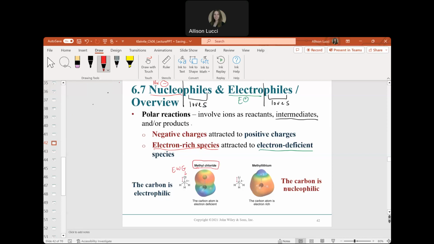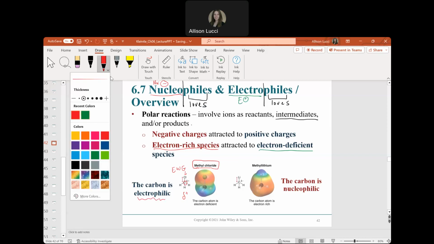Because of that, the electron density is shifted towards the chlorine, and that results in a partial positive charge, a delta plus on this carbon atom here. And this is considered an electrophilic center, right? Since it's partially positive, it's attracted to electrons.